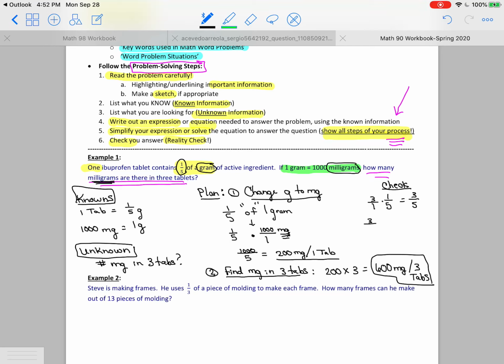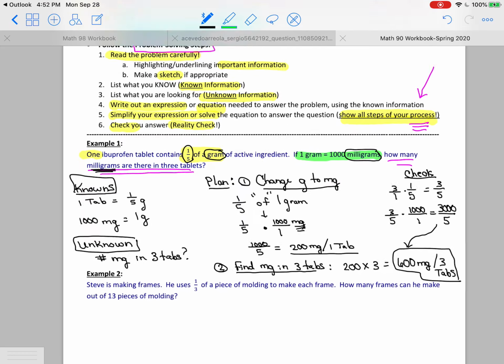Of course, that's going to give me 3/5. So 3/5 of a gram times 1,000 milligrams, that's going to give me 3,000 over 5. And that math brings me directly here to this 600 milligrams. So that 600 milligrams checks out here.